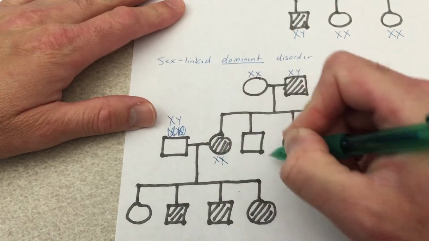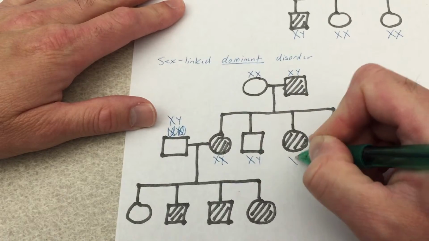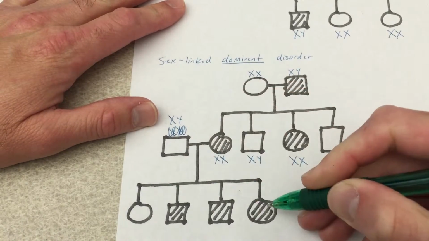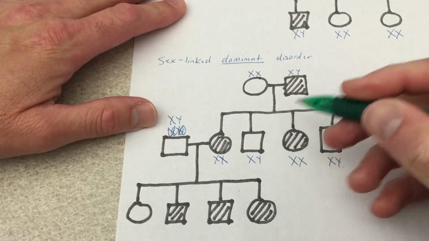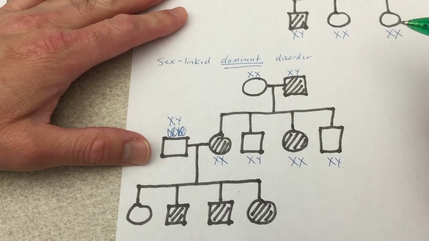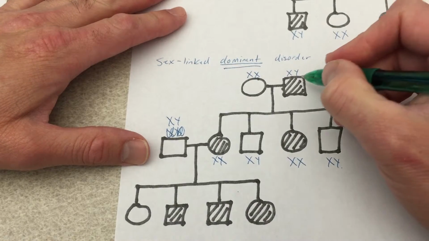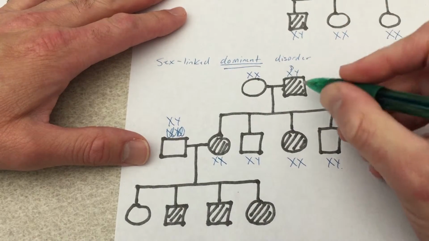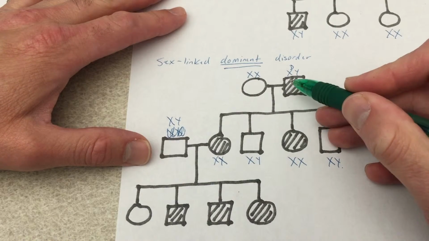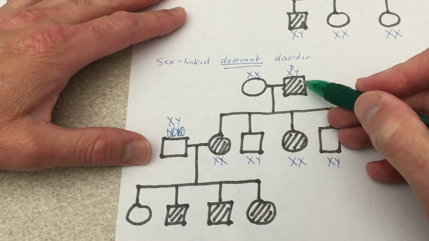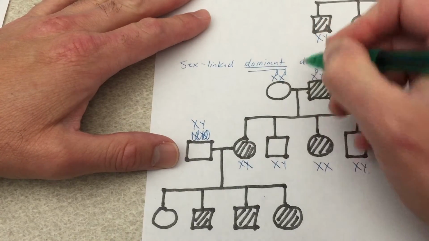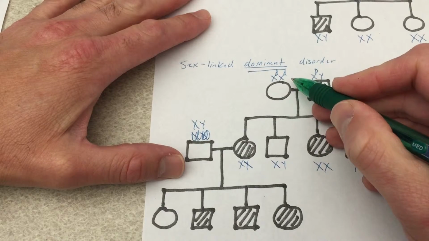XY, XX, XY, XX, XY, etc. Now here, sex-linked dominant disorders are characterized by having a bad dominant allele. So this male right here, grandpa, has an X capital D and a Y, and his wife, therefore, must have X lowercase d, X lowercase d.